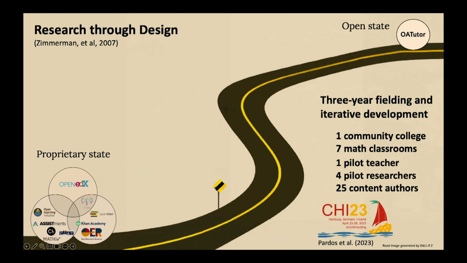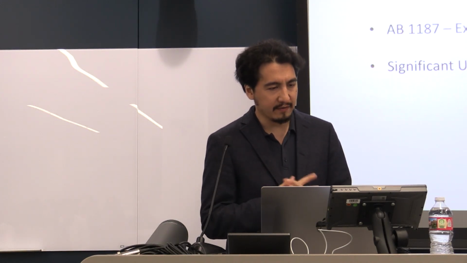And then a research through design methodology was used to gather data from all of those constituents. So they were both users and developers of the system, but they were also research subjects that helped us iterate the system. So they were co-designers and research subjects, and learners and teachers and all of that.